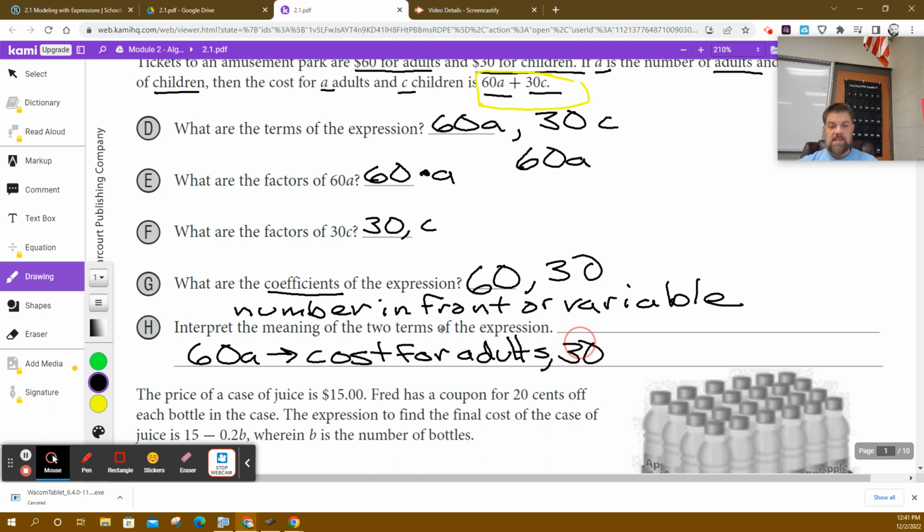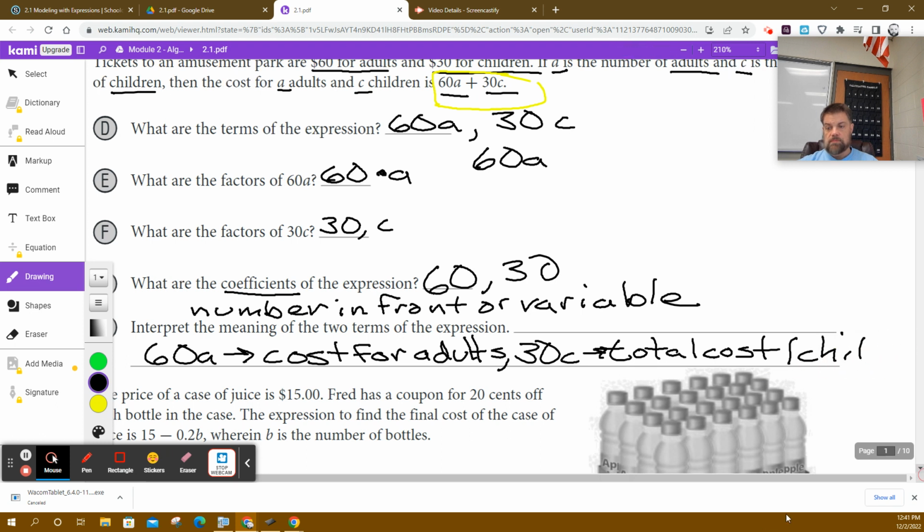And 30C represents what? Total cost for the children. Okay?